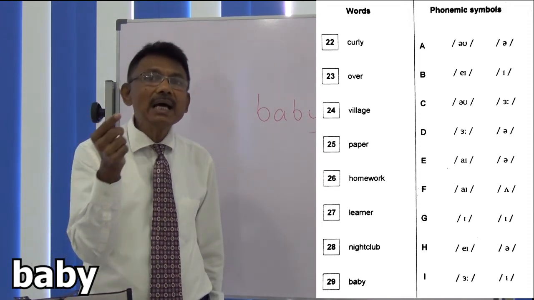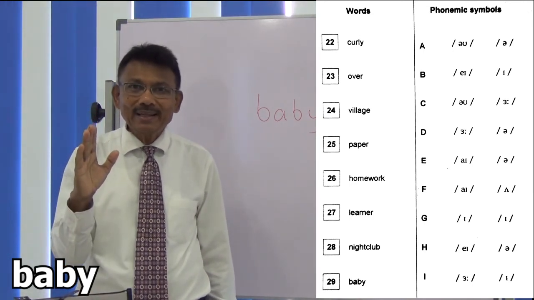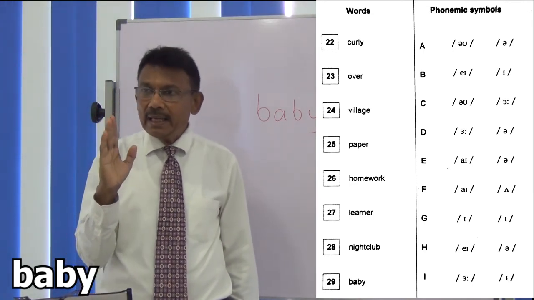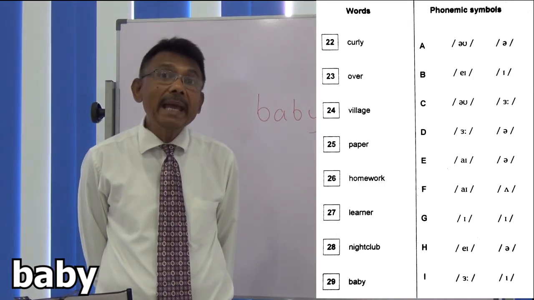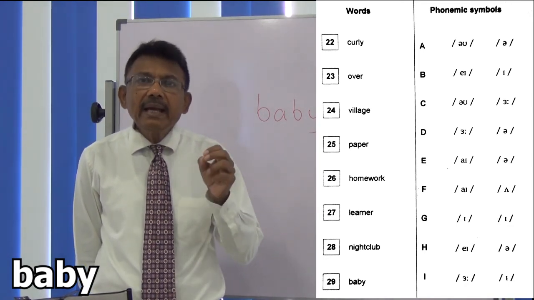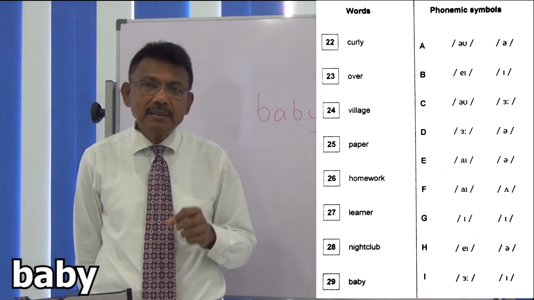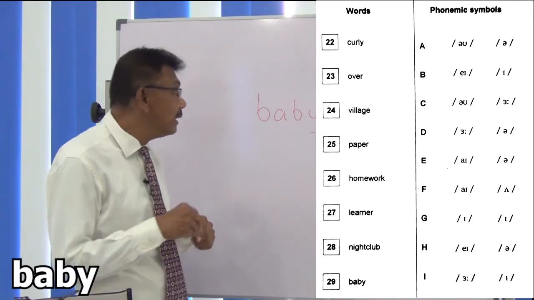Instead they use diphthong sound A. Many times I taught you that, right? In English there is no A. Although we say table, make, cake, they are all wrong. They must be cake, table, day, right? So A should be there.